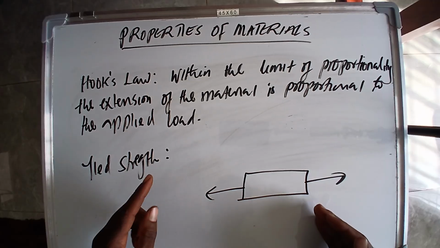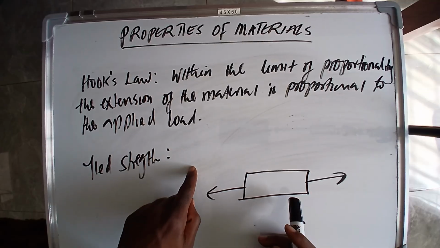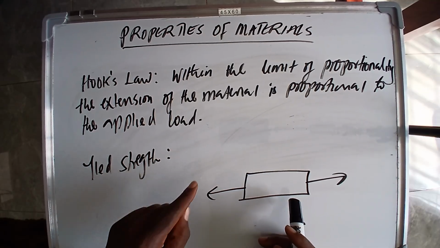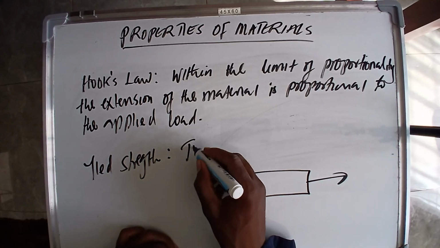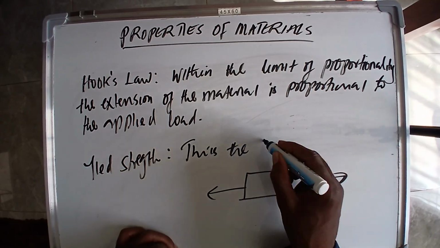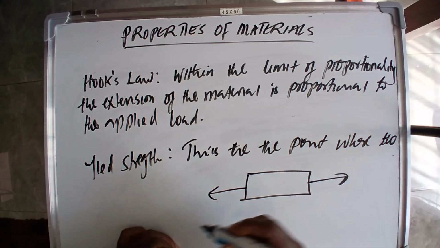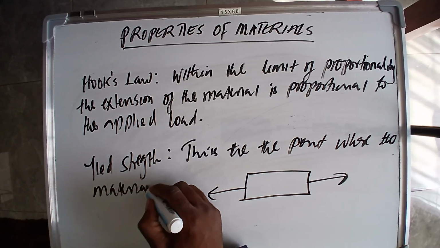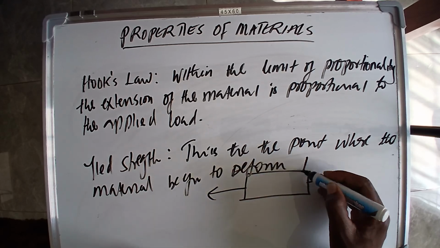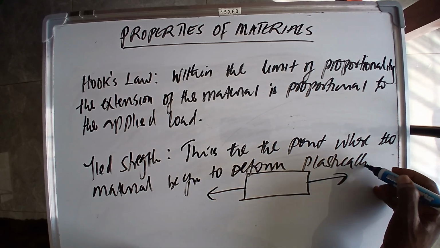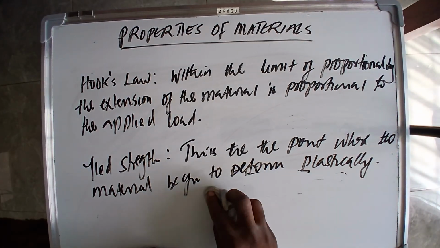We say the material has yielded. So the yield strength is the point where the material begins to deform plastically instead of elastically. You need to know this definition.